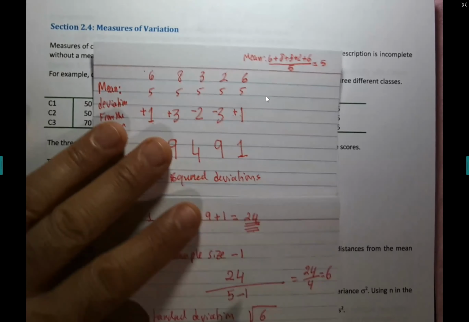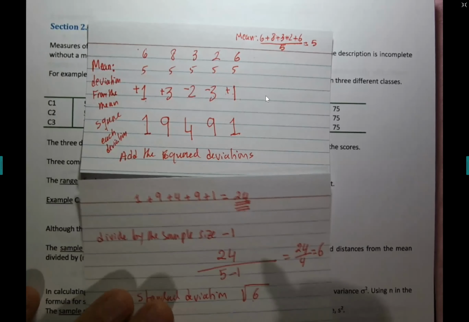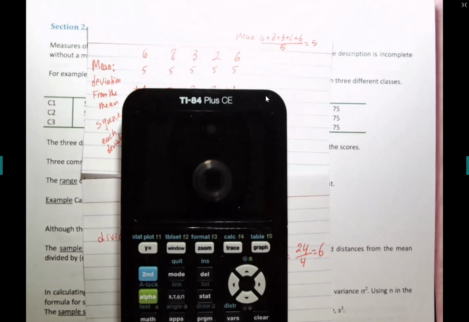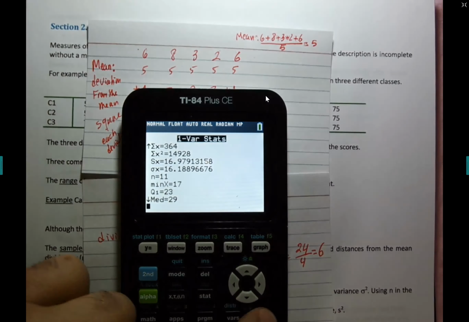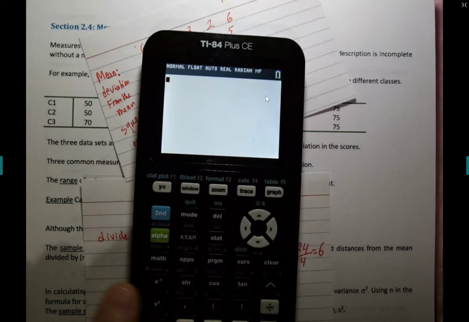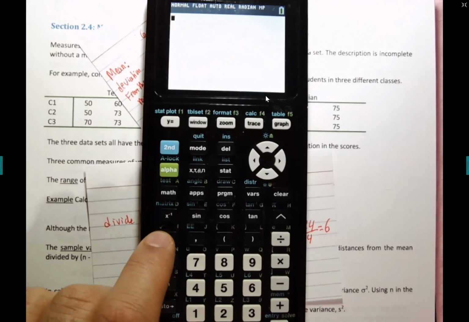Where did I get the 6, guys? I got it from here. And then I take the square root of 6. And here's how you do the square root of 6, guys. Watch. However, guys, you're going to see how easy it is when we just input the data into the calculator. So square root of 6, guys. You have to look for the square root sign, which is right here. It's in blue.